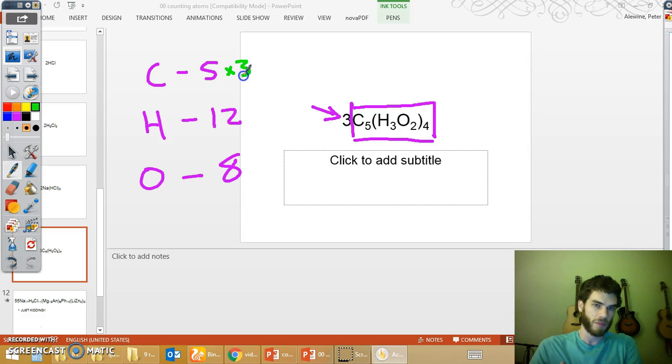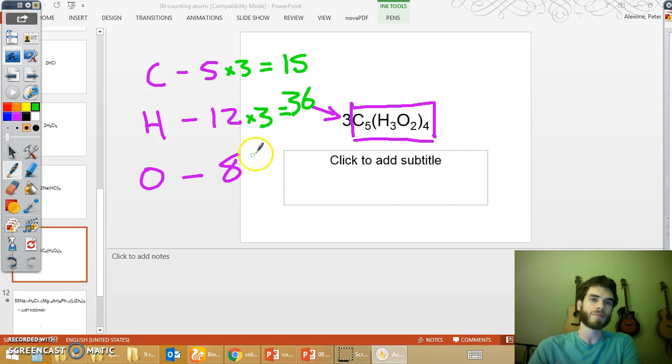So we say 5 times 3 equals 15. 12 times 3, because again there are 3 of them, equals 36. 8 times 3 is 24. All right, so 15 carbons, 36 hydrogens, 24 oxygens in this compound here.